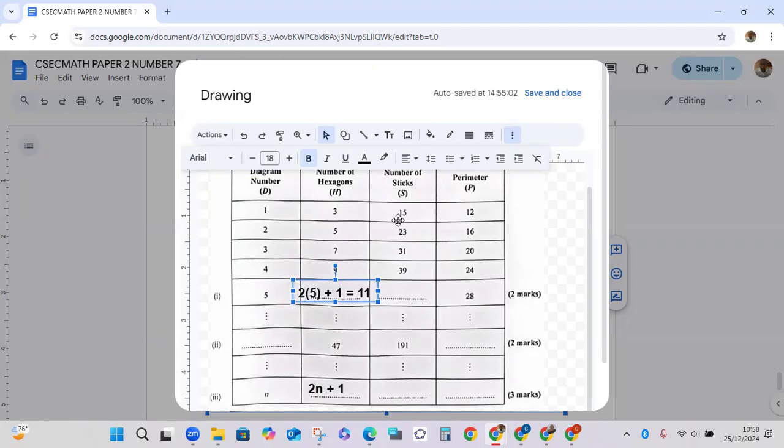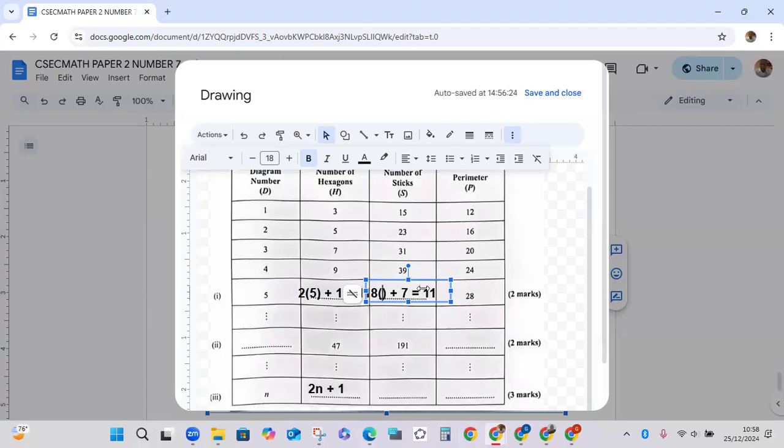Now, with what number did it start? So for diagram theoretically 0, you can subtract 8 from 15 to give us 7. And then we can test it to see if it applies for all. So the gradient is 8, because the pattern is increasing by 8 constantly, starting with 7.